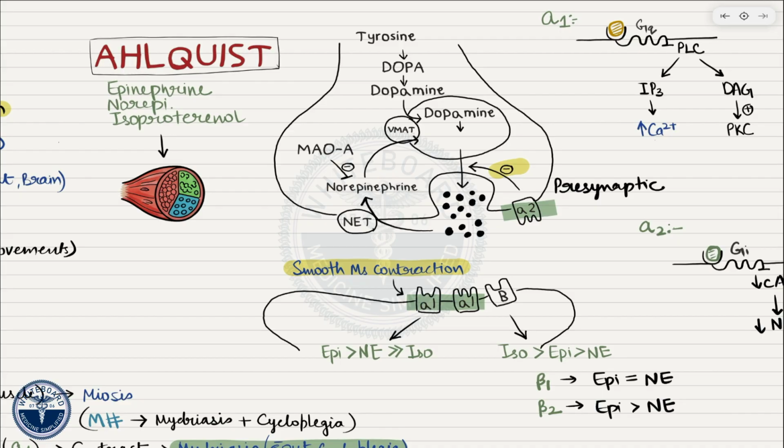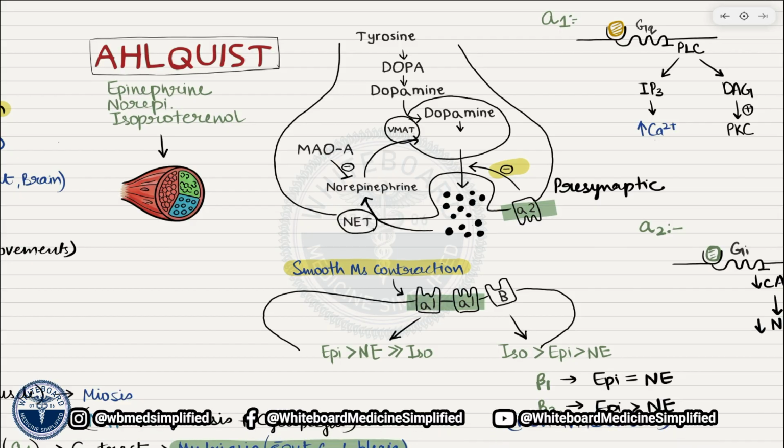Therefore, many beta-2 receptors are essentially non-innervated, meaning they do not receive significant direct norepinephrine stimulation. Instead, they are designed to respond to circulating epinephrine.